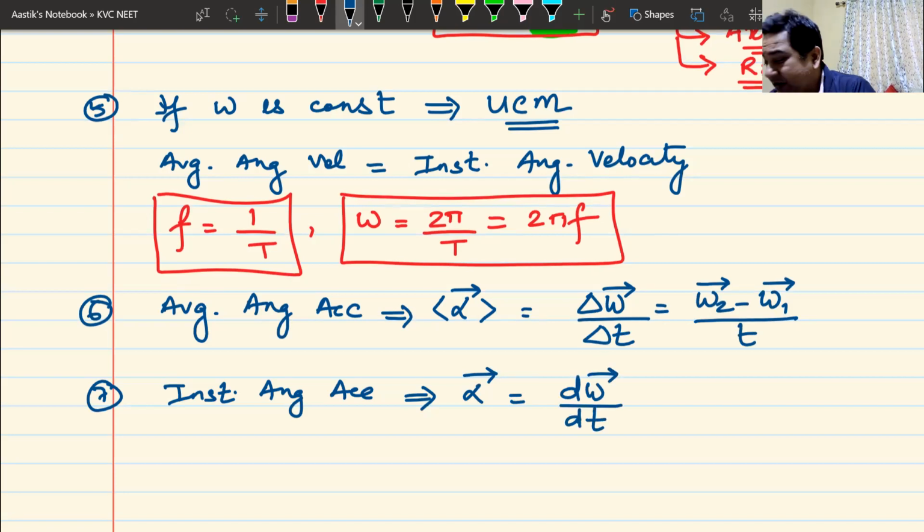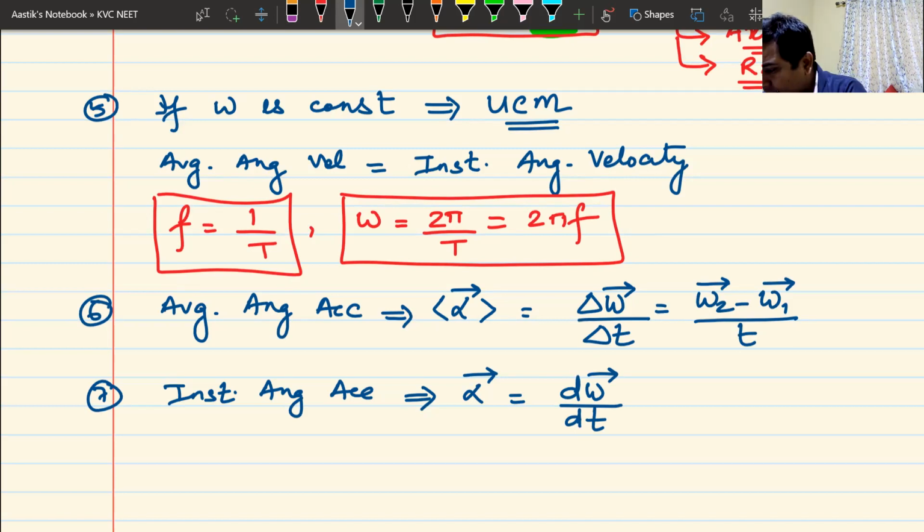This is also a vector. This is also an axial vector. The SI unit is radians per second square. The dimension is 1 by T square or T raised to the power of -2. That is all we had discussed in the previous class.